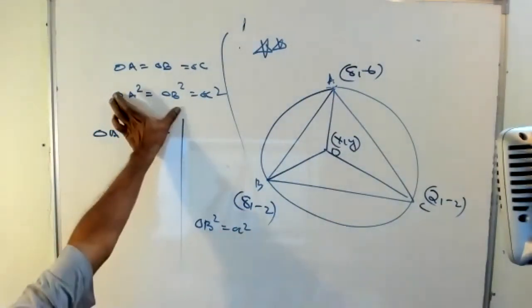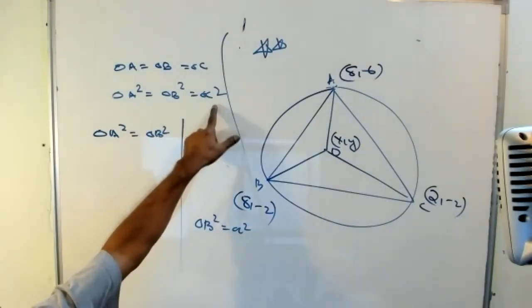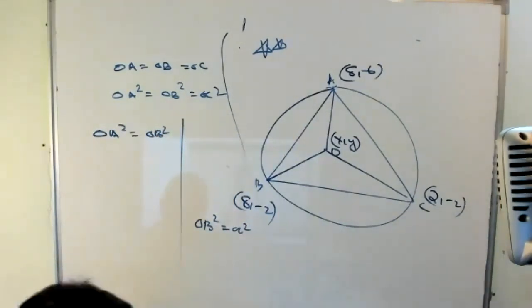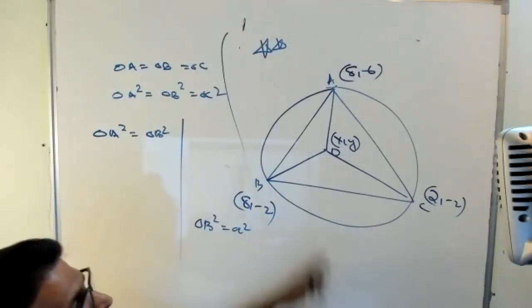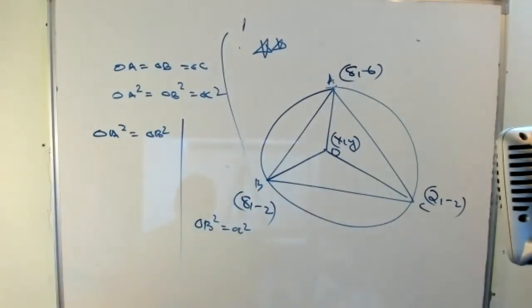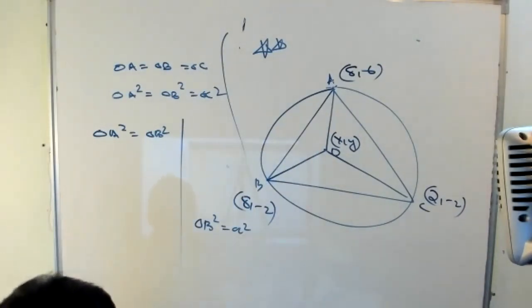First, you take these two, get an equation. Then OB square equal to OC square, get an equation. Solve these, you will get X and Y. After getting X and Y, you can find OA using the distance formula.